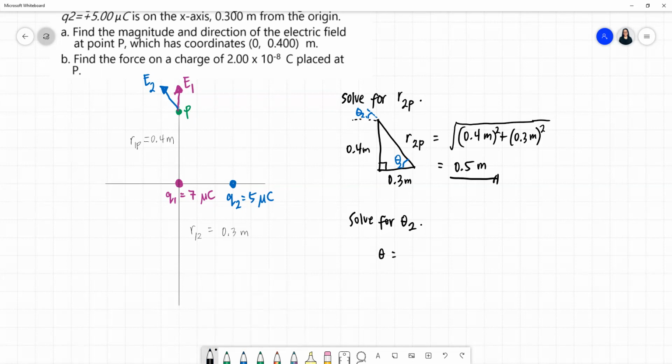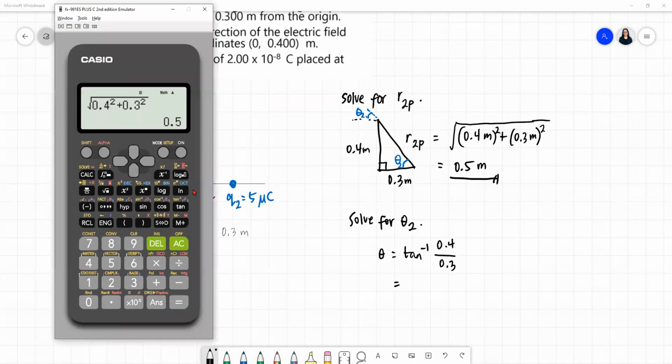is arc tangent of the opposite side, which is 0.4, and the adjacent side is 0.3. So make sure that the calculator is in degree mode. So arc tangent of 0.4 divided by 0.3.